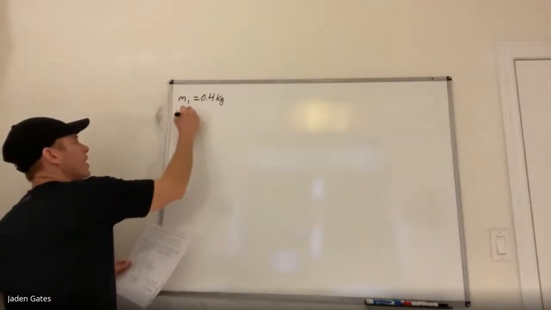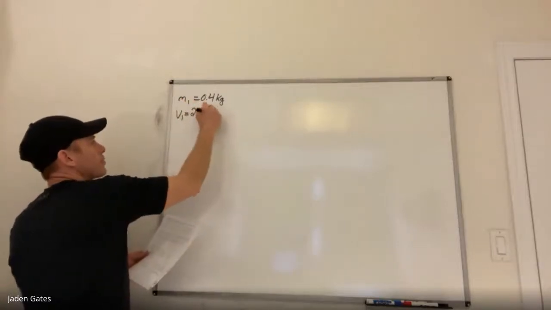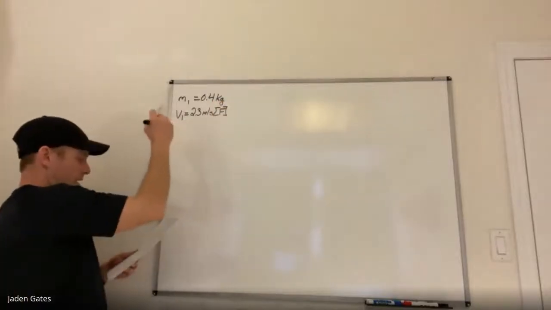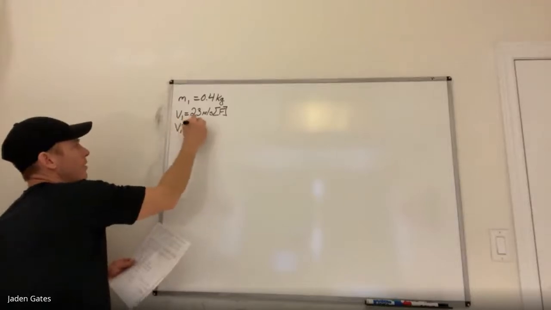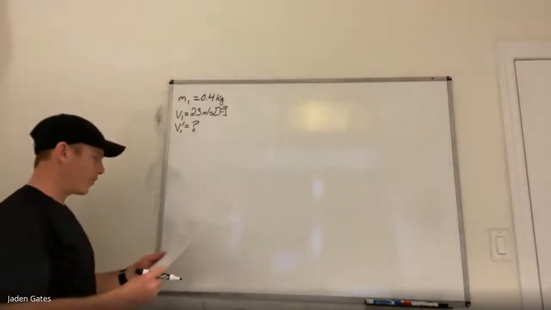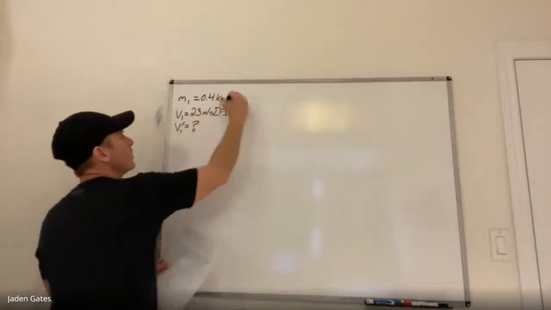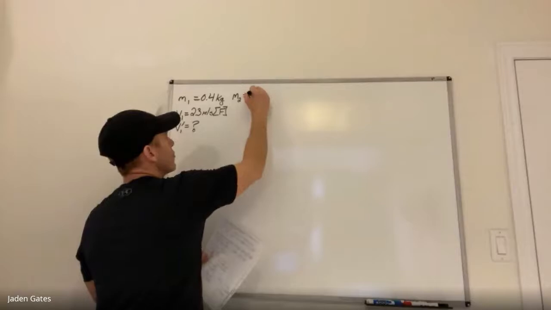So V1 is equal to 2.3 meters per second, forward. Determine the velocity of each ball afterwards. That means I don't know V1 prime. Now what about the other mass? We have M2, which is a smaller ball, 0.28 kilograms.